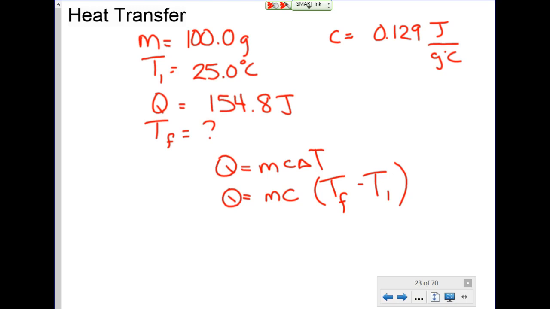Can you see a pair of units that will divide? Yes, the grams divided by grams is going to be equal to 1.